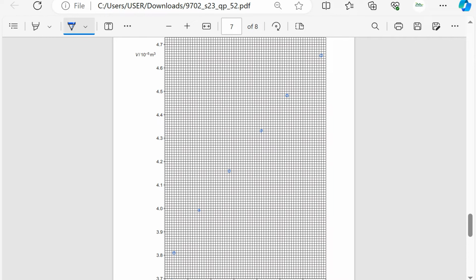It is hard to plot the line of best fit on my computer, but I'm trying my level best.